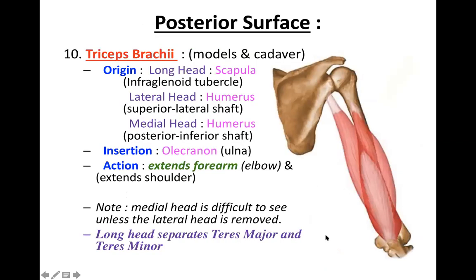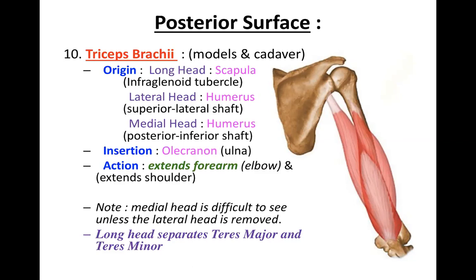All right, now we're going to move to the posterior surface of the arm. There's a very large muscle there that has 3 heads and 1 insertion point. The 3 heads are named the long head, the lateral head, and the medial head. In most drawings, you're always going to see the long head and the lateral head.